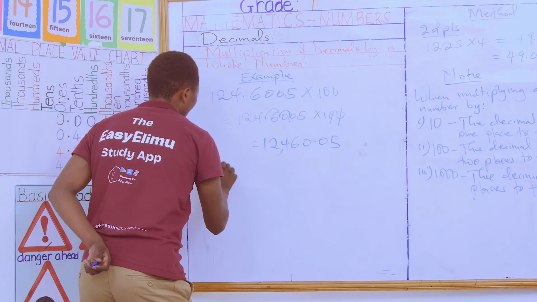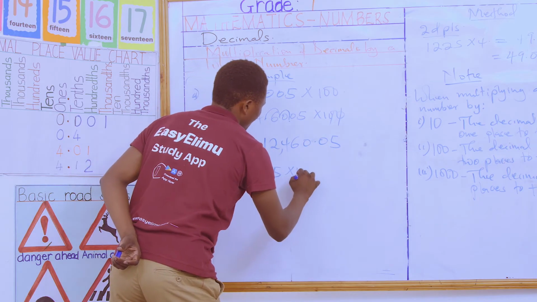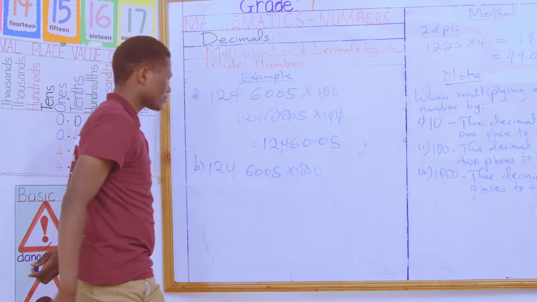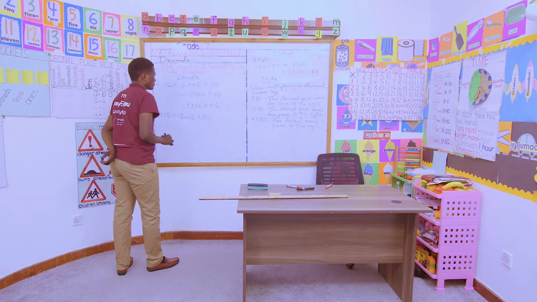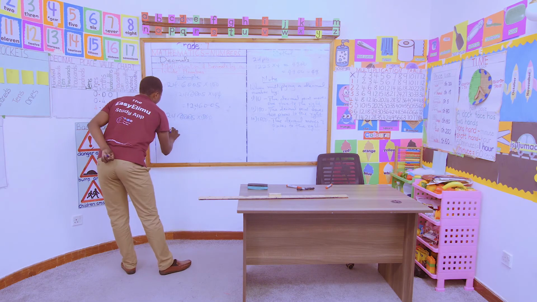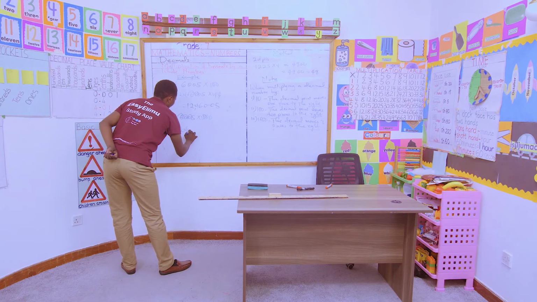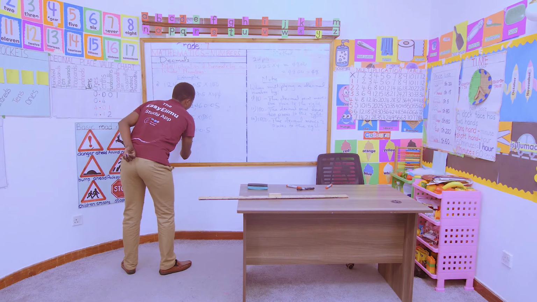Let us multiply the same number by 1,000. 124.6005 times 1,000. So here, the first 0 will shift the decimal point to that place. Second 0, 2 places. Third 0, 3 places. So that you have 124,600.5.